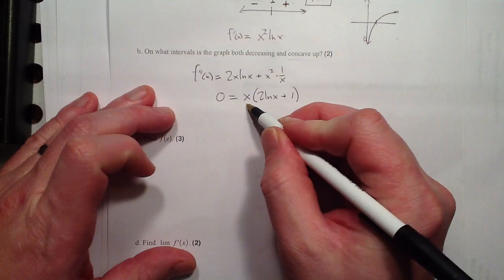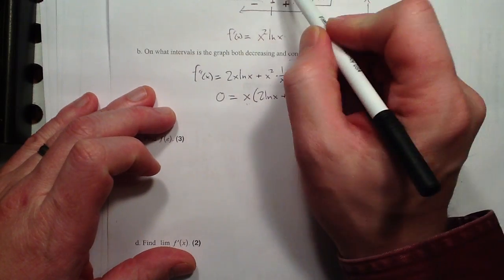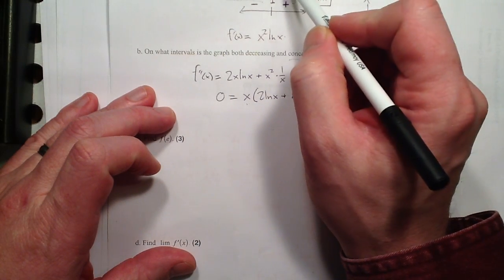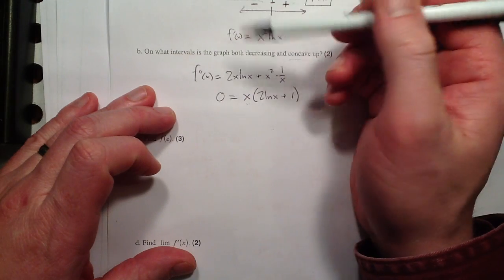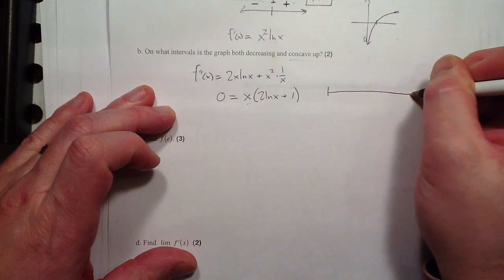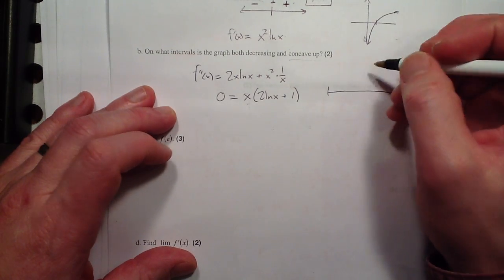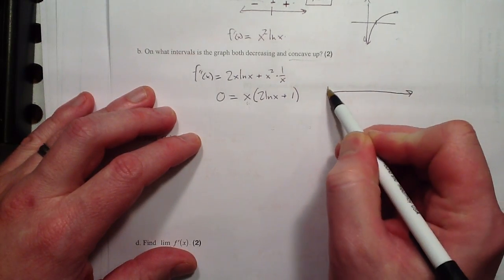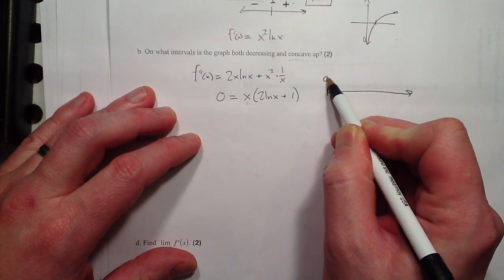Now, the zeros of this are 0, but notice that since there's a natural log in this, we don't have any domain below 0 anyway, so although that is a 0, it doesn't really matter for us because that's the end of the domain of the function right there.